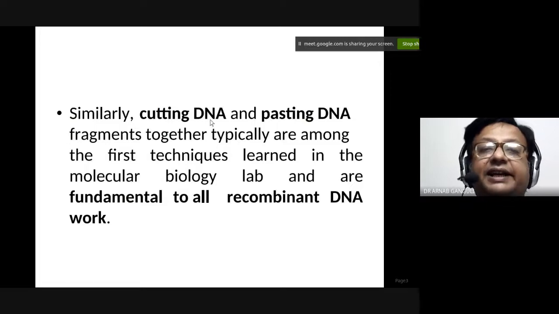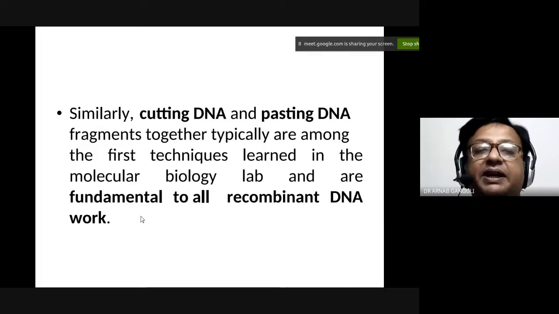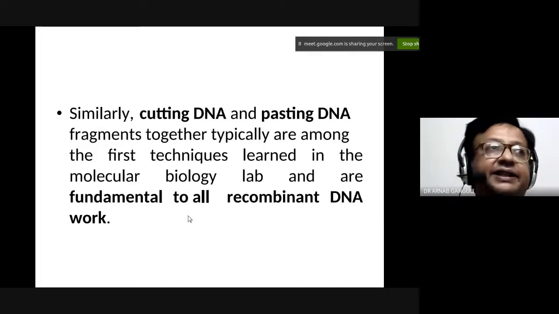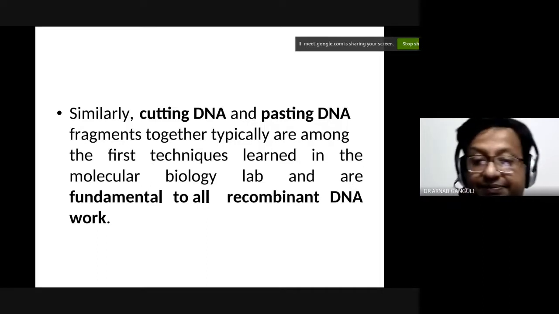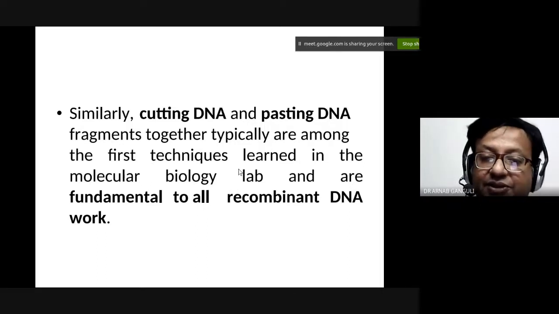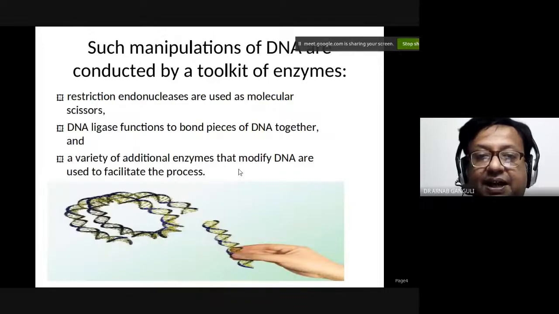Similarly, cutting DNA and pasting DNA fragments together are typically among the first techniques learned in a molecular biology lab and are fundamental to all recombinant DNA work. Recombinant DNA is DNA from one organism attached to the DNA of another organism. You recombine, cut, paste.